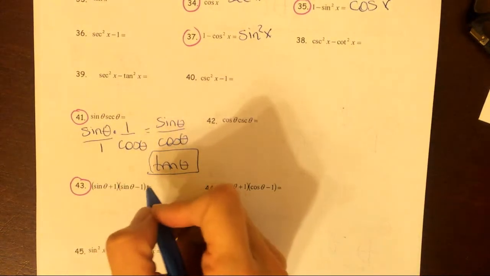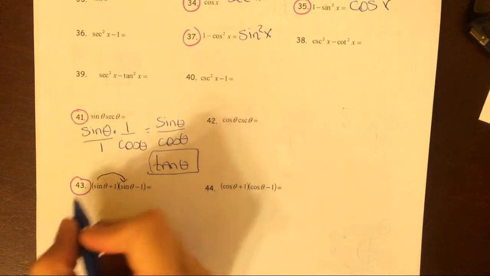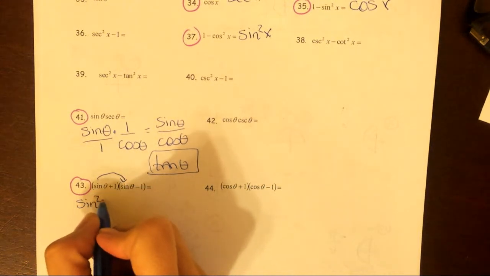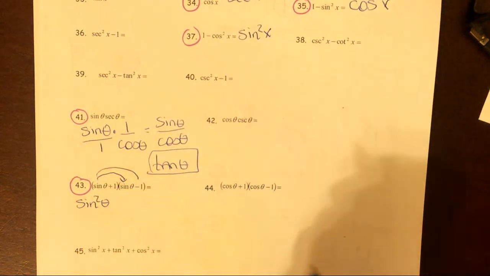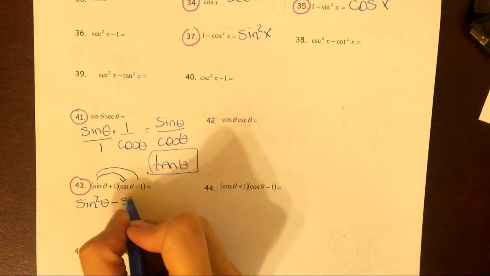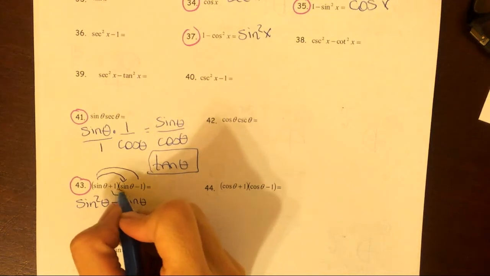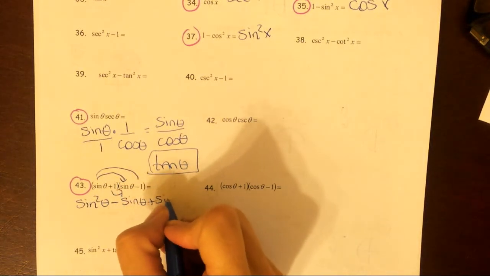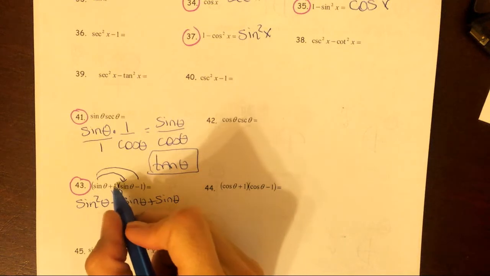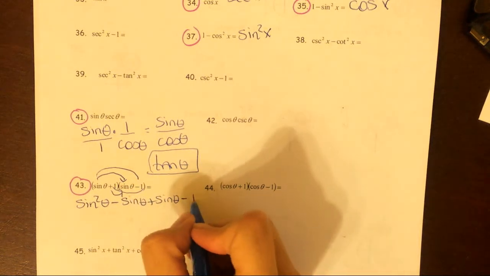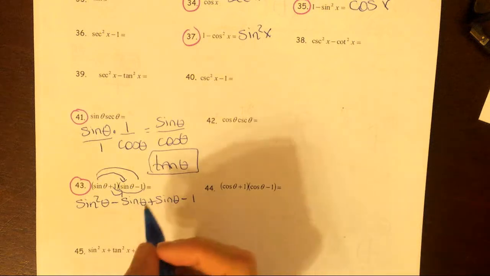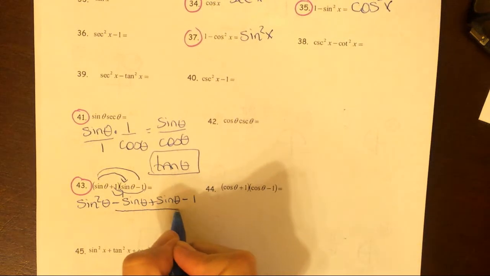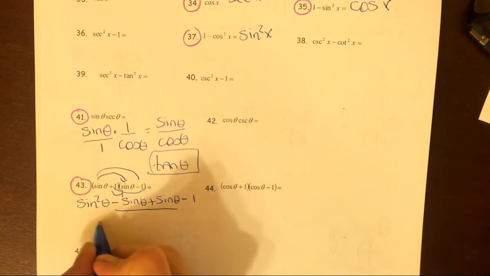43 is a problem where I'm going to FOIL. So sine times sine is sine squared. Sine times negative 1 is negative sine. 1 times sine is positive sine. And 1 times negative 1 is negative 1. After I've FOILed, I can see that these two terms in the middle are going to cancel.